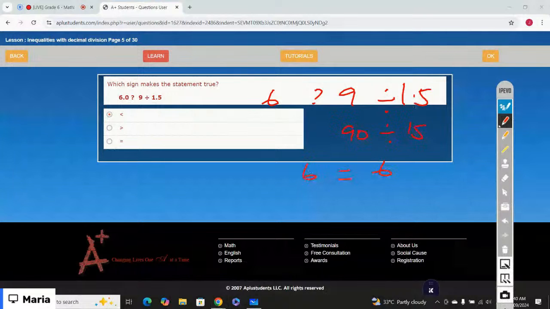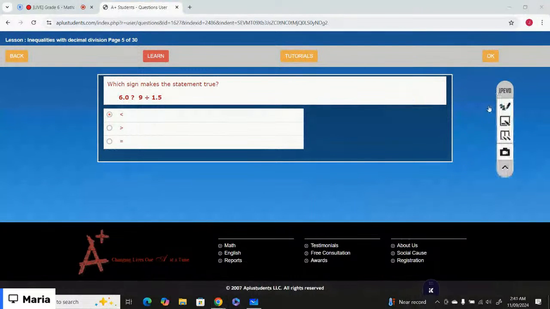They both are exactly equal. So the correct option is equal. Option number 3 is the correct option.